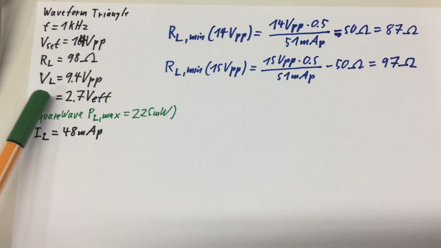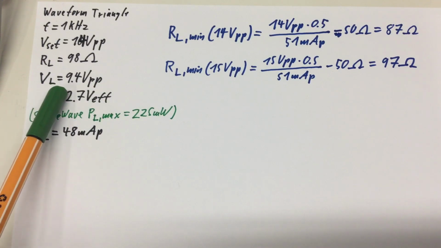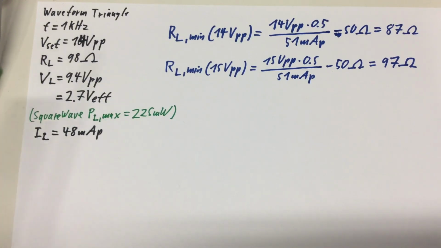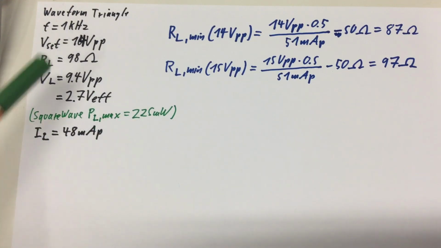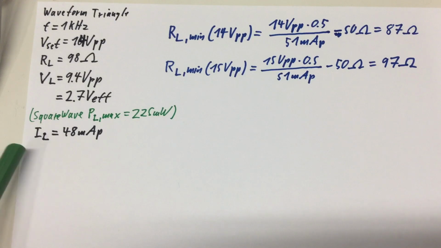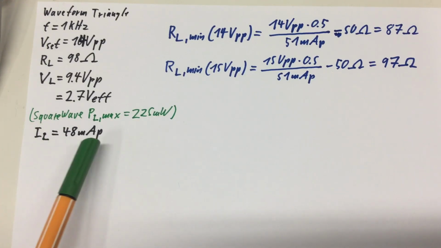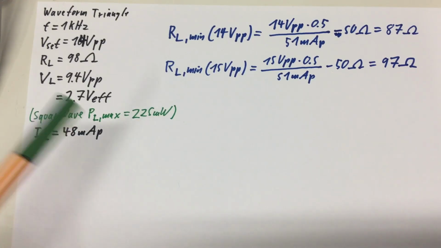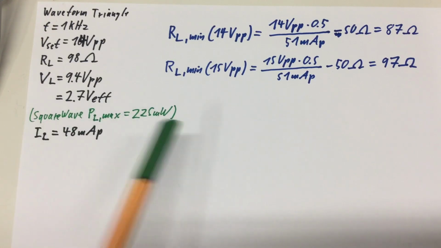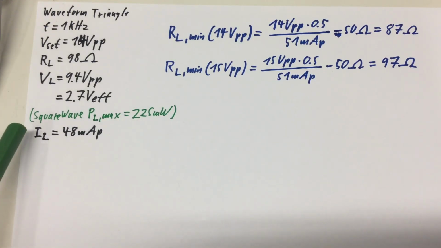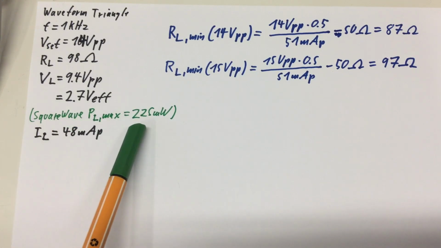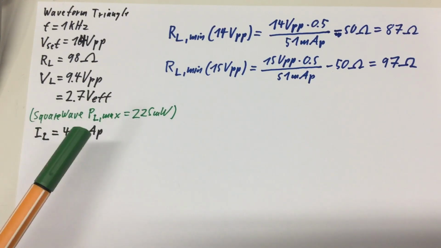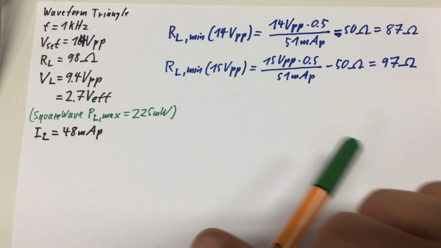We measured a peak-to-peak voltage of 9.4 volts across the load, or 2.7 volts effective, which gives a peak current through the load of only 48 milliamps peak. And side note, if that had been a square wave, we would have gotten 225 milliwatts out of the unit into the load.